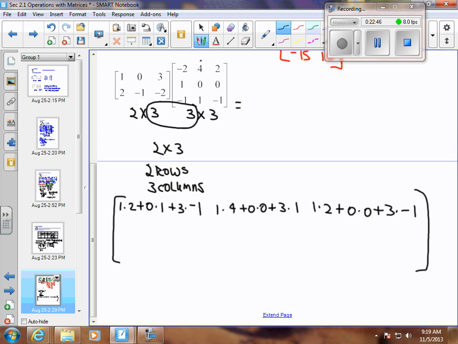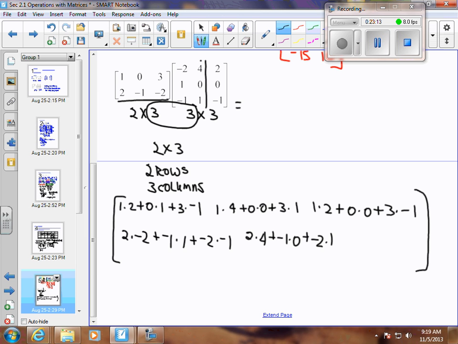Bottom row, 2 times negative 2 plus negative 1 times 1 plus negative 2 times negative 1. Bottom row times second column: first element times the first element plus the second times the second plus the third times the third.